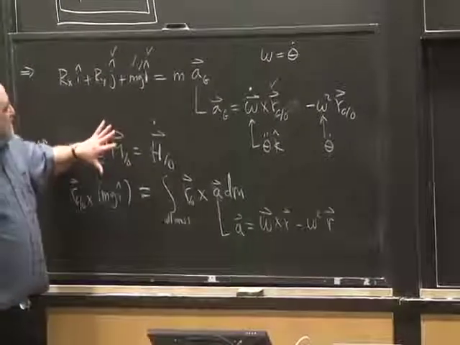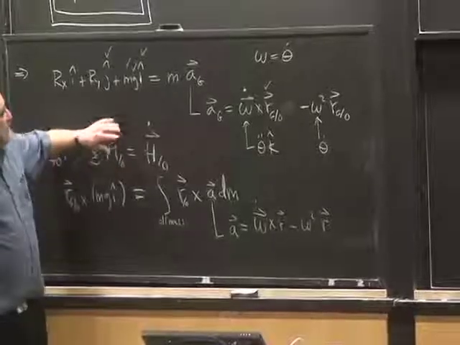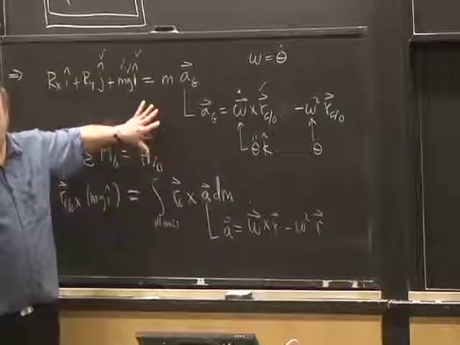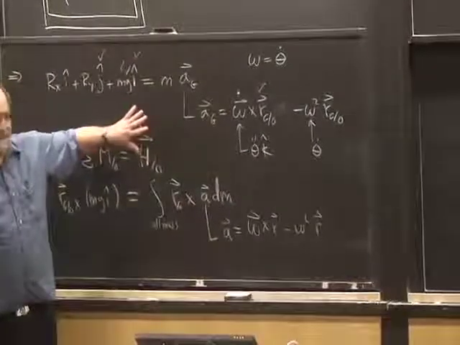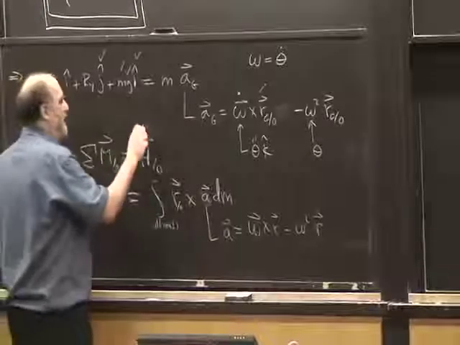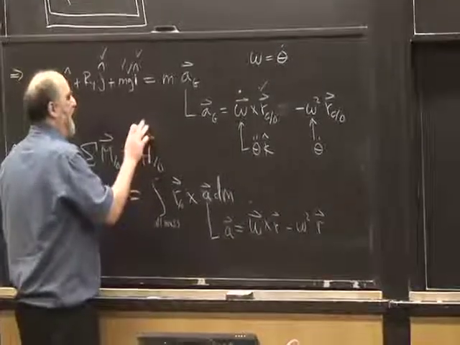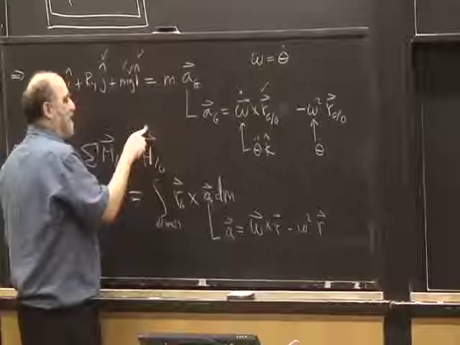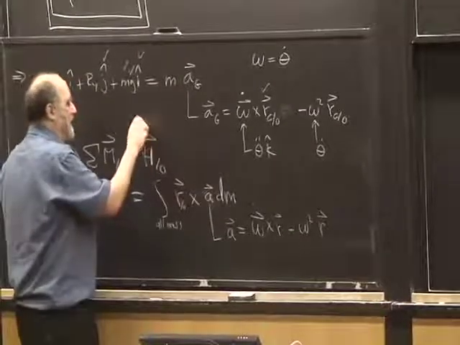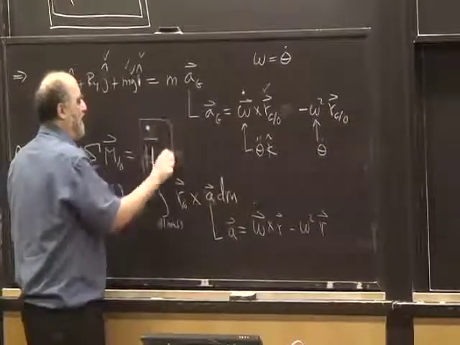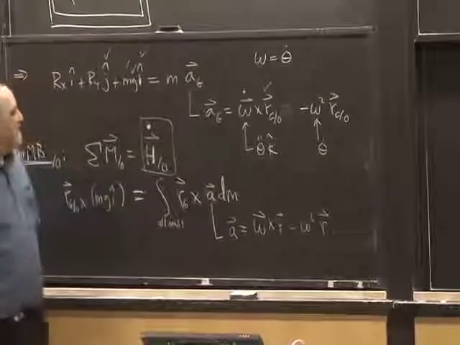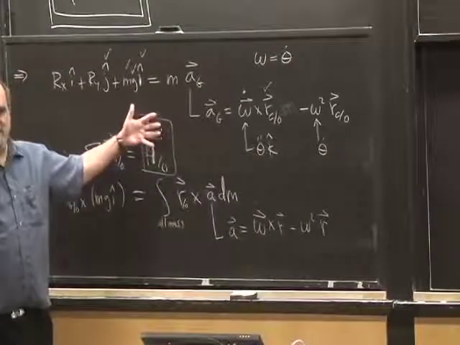Angular momentum balance says the torques on a system relative to a point are the rate of change of some kind of rotation thing. The fundamental definition in mechanics is this h dot. It looks like the time derivative of something, but actually it's best to think of this as a quantity in itself, which happens to integrate to be something else. This is the fundamental quantity.